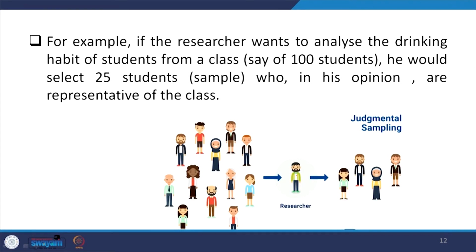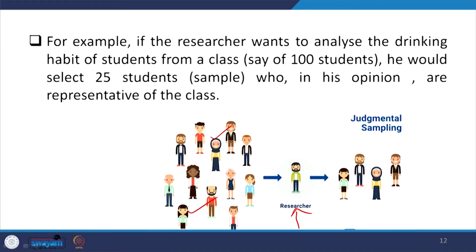So here the picture is very indicative. The researcher is located here, and the researcher understood very correctly that some people are going to be representative enough in capturing the reality, so those are selected for the sample.